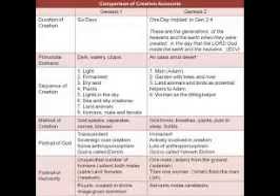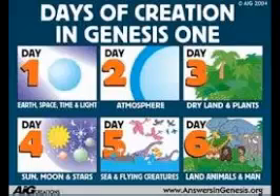The first thing that's pretty obvious is that the order of creation is different in both stories. And again, you can do this yourself with pencil and a piece of paper. In the first Genesis account, the order of creation is the sky, then the earth, then the plants, and then the great lights of the day and the night, the sun and the moon.